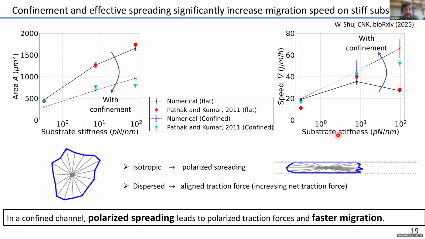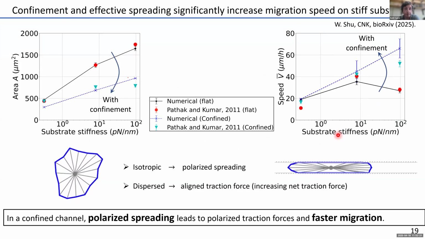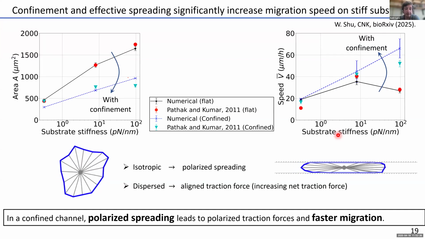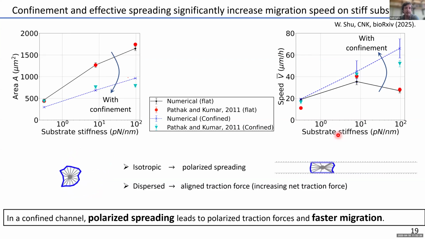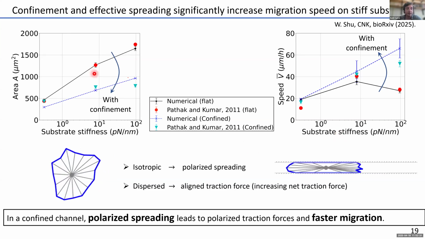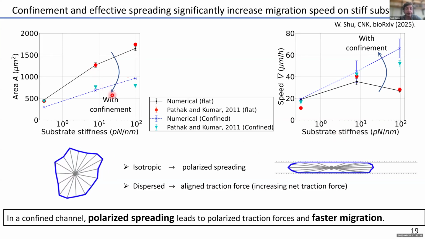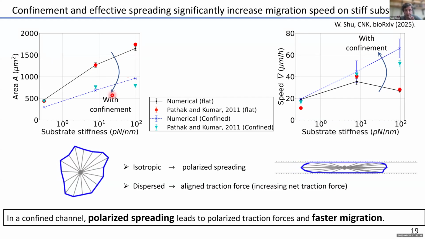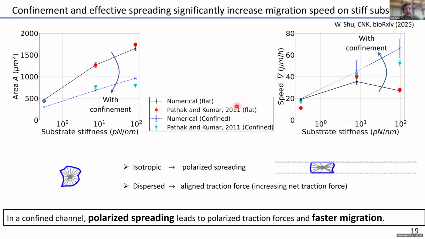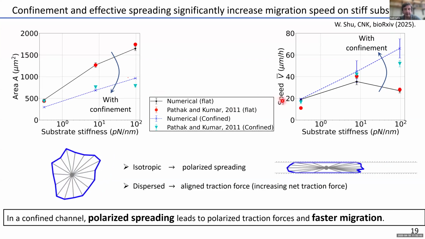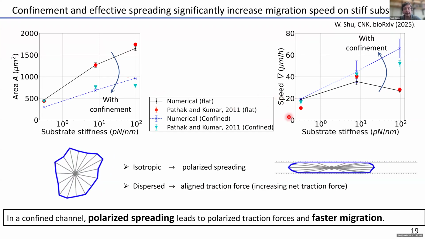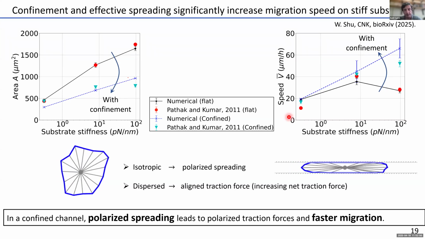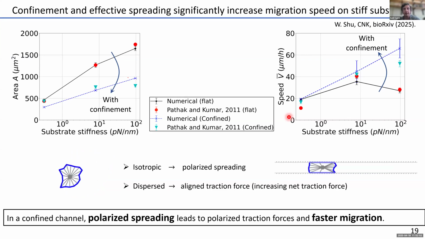So confinement is, as I mentioned before, very important because it can change the dynamics drastically. For one thing, it suppresses the spreading area, so it actually releases the stress on the nucleus, which, within the context of our picture, would allow the speed to increase, simply because it'll be, again, relatively easier to drag the nucleus ahead with the cell.